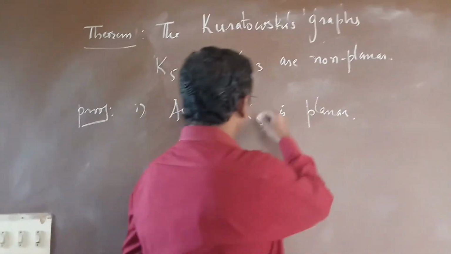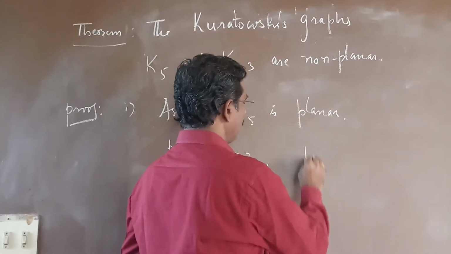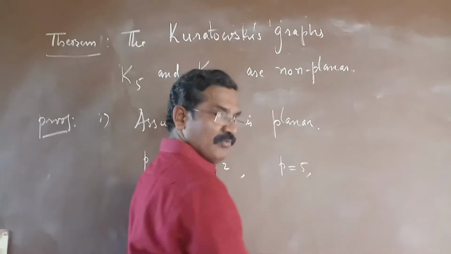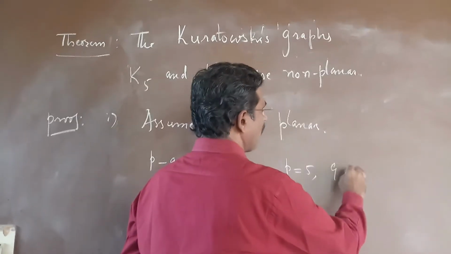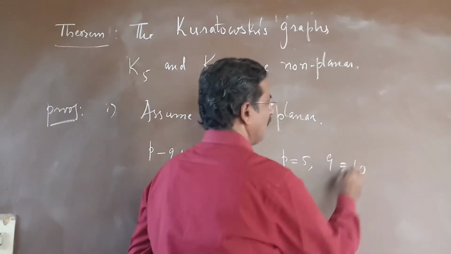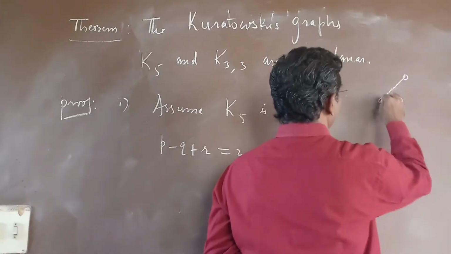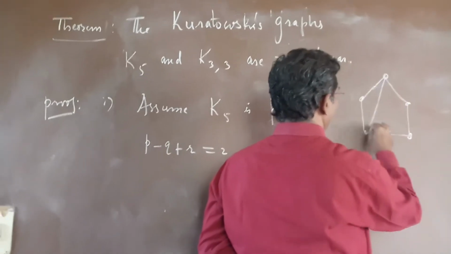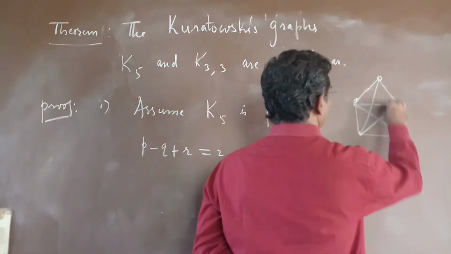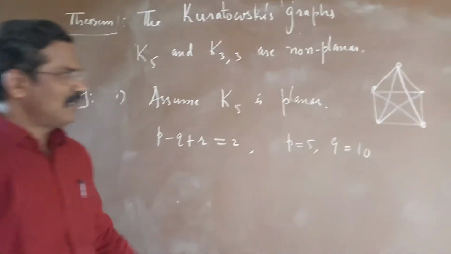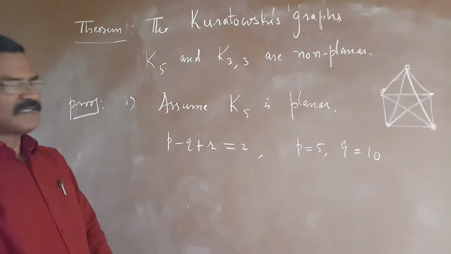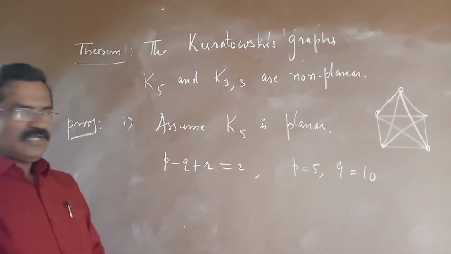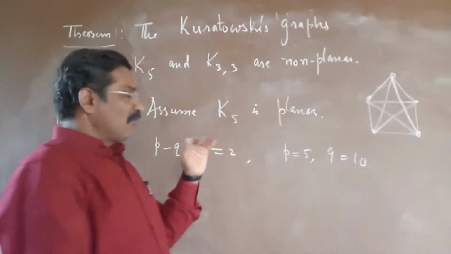But in the graph K5, how many vertices are there? P equal to 5 and Q, the number of edges. And already we know the graph K5. This is our K5, which has got 5 vertices and 10 edges.